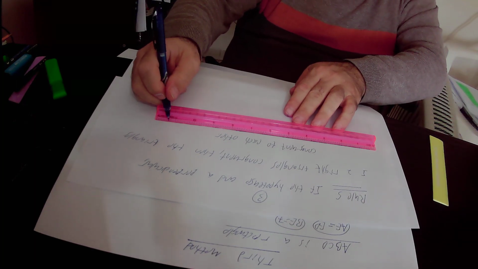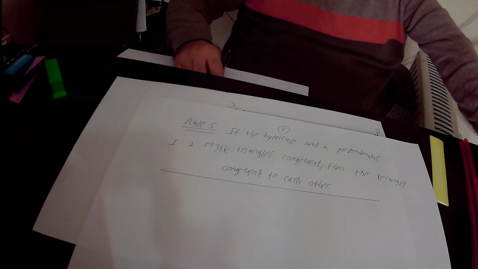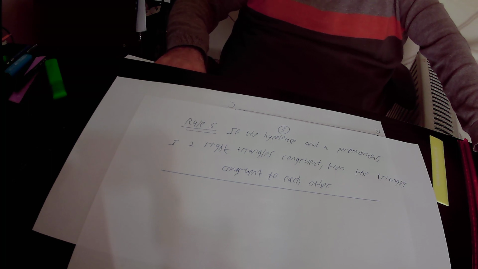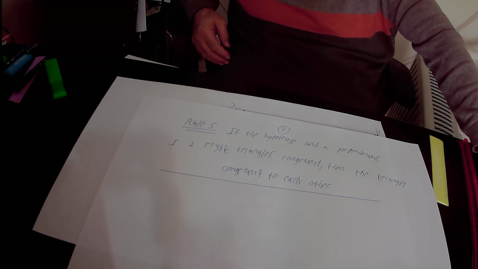I'll repeat again: according to rule number 5, if the hypotenuse and the perpendicular in two right triangles are congruent, then the triangles are congruent to each other.